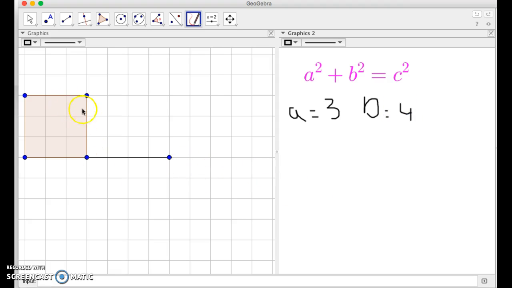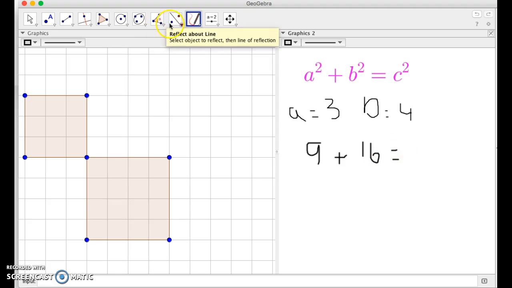Okay, so I went ahead and I squared A, and now we're going to square the second leg, B. And when I square A and square B, I should be getting 9 plus 16, because 3 squared is 9 and 4 squared is 16.